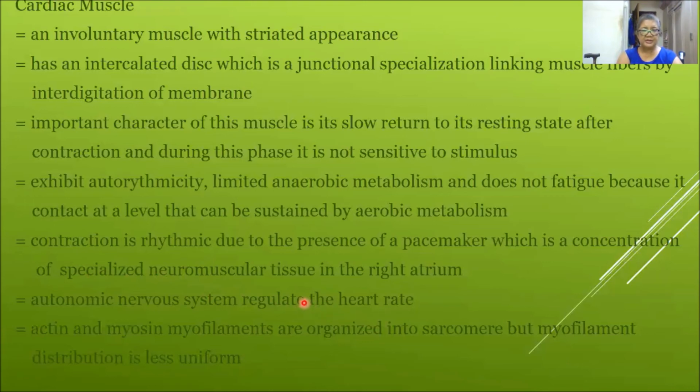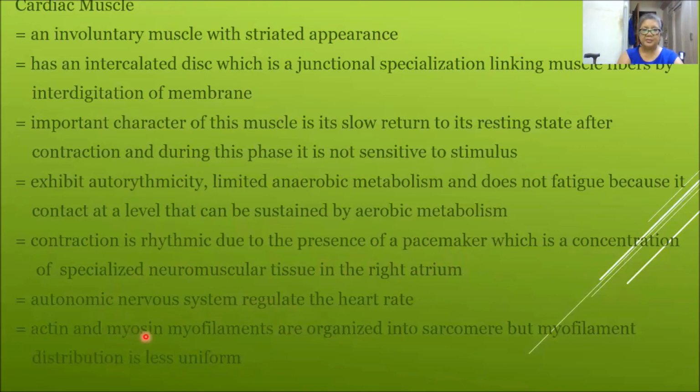So, meaning to say, your cardiac muscle will have a regulatory structure, your pacemaker, which will regulate the rate and the onset of contraction, so that there will be regulation in the work of the heart. The autonomic nervous system regulates the heart rate.